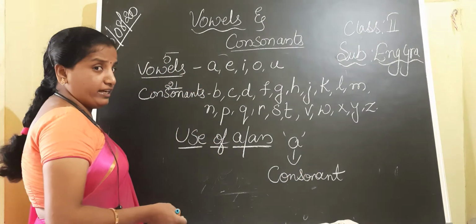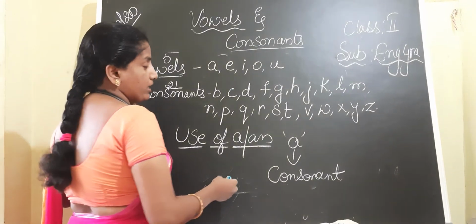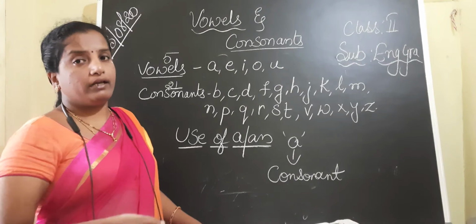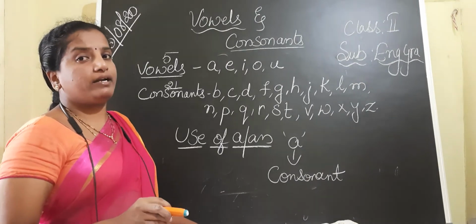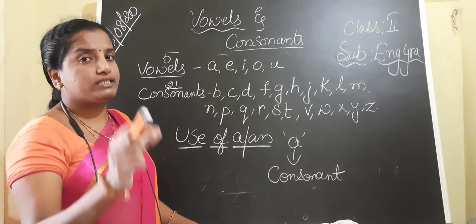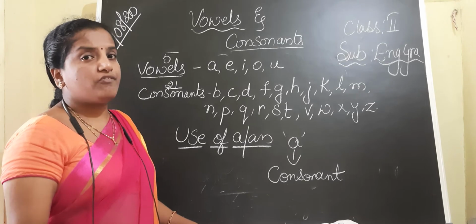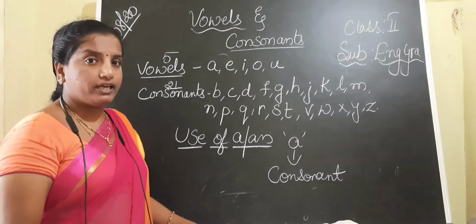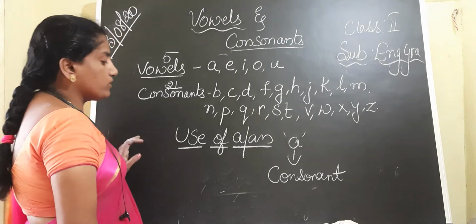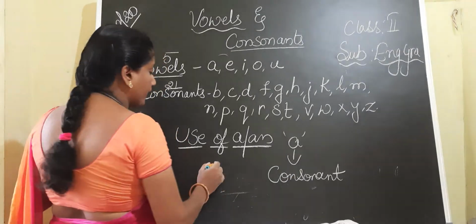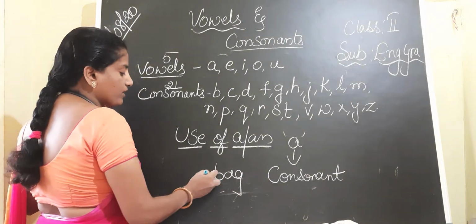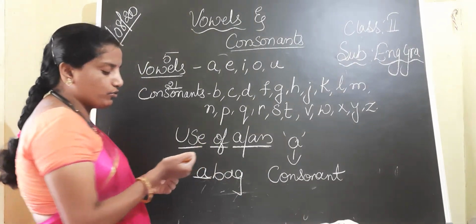Phonetic sounds: when we pronounce a word, the sound produced by the first letter of the word, if it is a consonant sound, then we have to use A. Suppose bag. What do we use here? A bag.